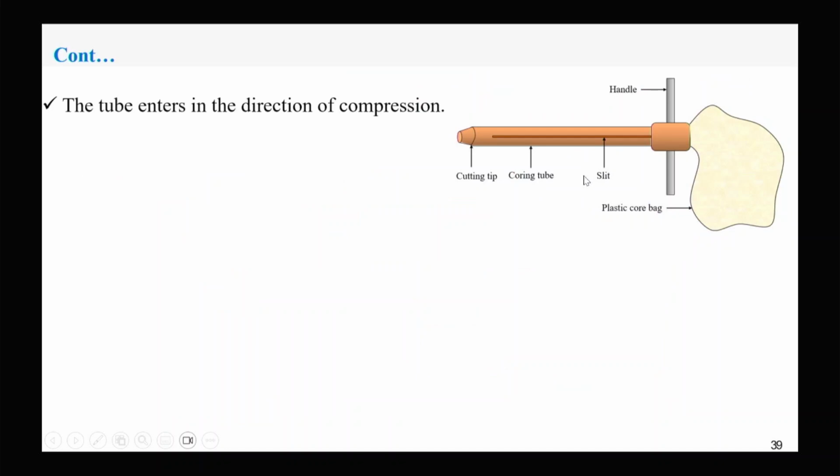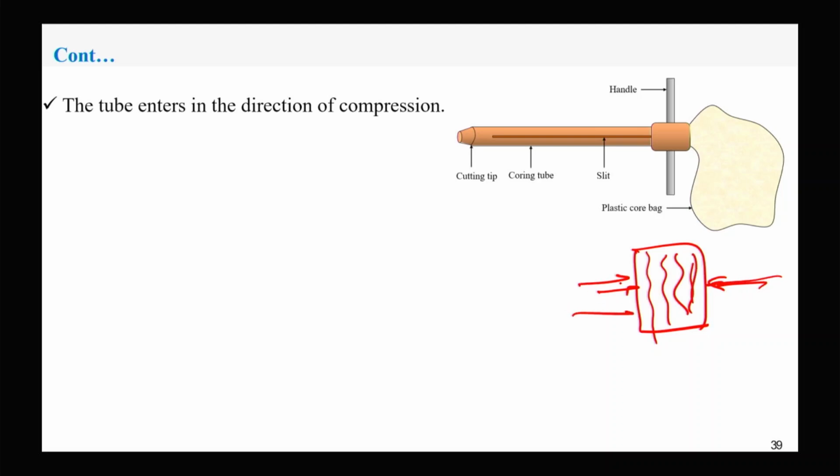The tube enters in the direction of compression. While making the bale, the fibers are compressed in one direction, and the coring tube penetrates in that direction. In other directions, the fibers are sometimes in a vertical condition.